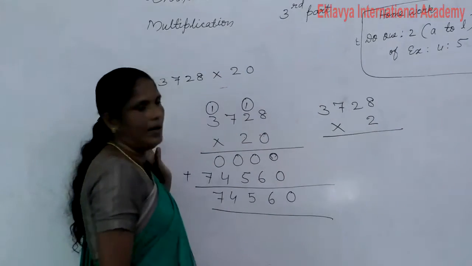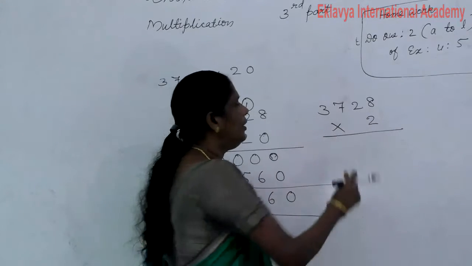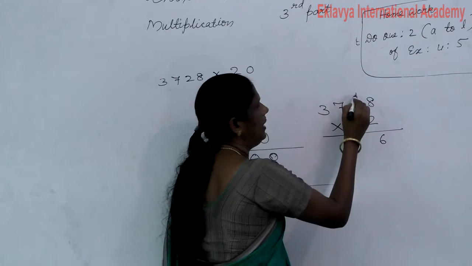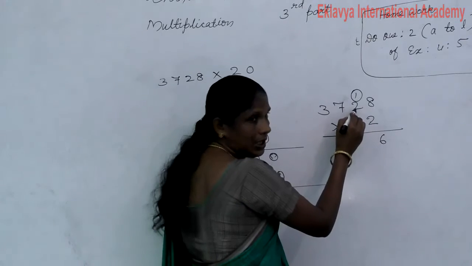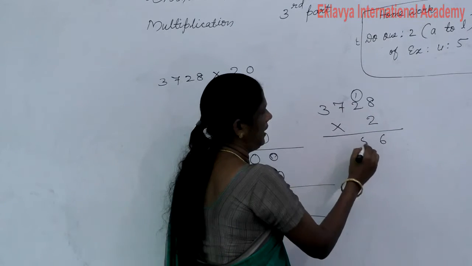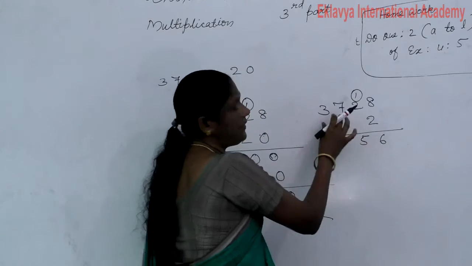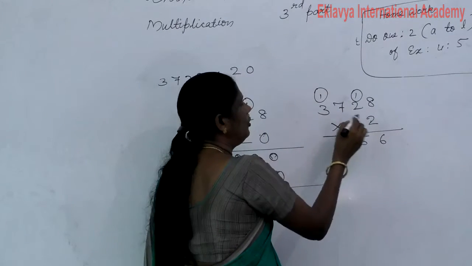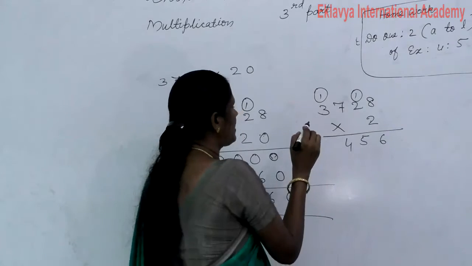Then I write 2 8 ja 16 carrying 1. 2 2 ja 4, 4 plus 1 is 5. 2 7 ja 14 carrying 1. 2 3 ja 6, 6 plus 1 is 7.